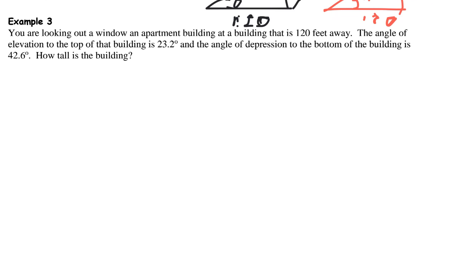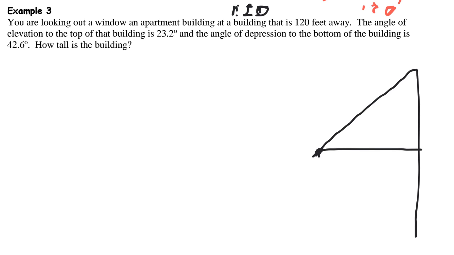In our last example, you're looking at the window of an apartment building 120 feet away. The angle of elevation of the top is 23.2 and the angle of elevation of the bottom is 42.6. How tall is the building? So you are in a building here, and you're looking out at this other building, and it's going up.